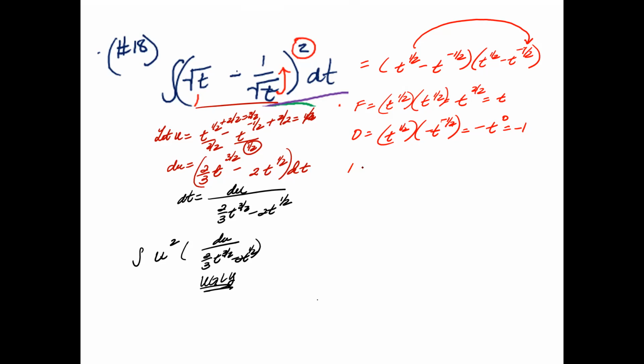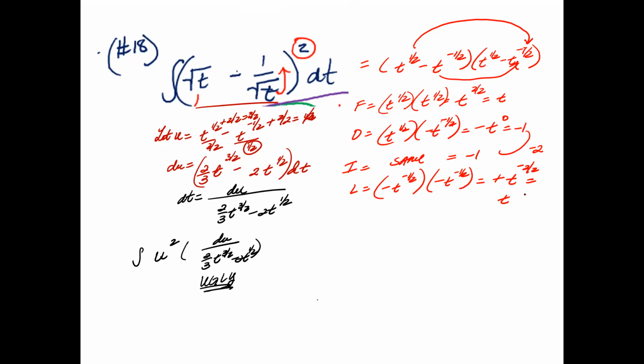Then your inner is going to be exactly the same, -1. Combine it, you get a -2. Last is going to be a -t to the -1/2 times -t to the -1/2. Double negative makes it a positive t. -1/2 minus 1/2 is going to be a -2/2, which is a t to the -1 power, or just 1/t.